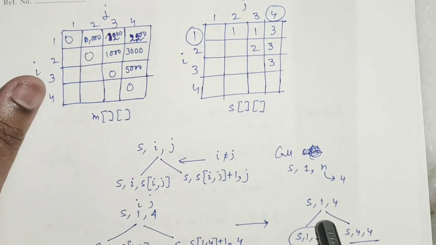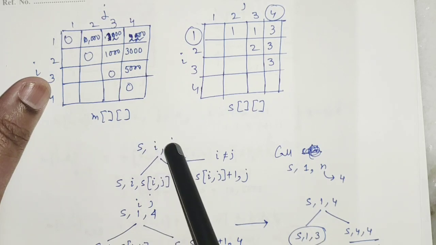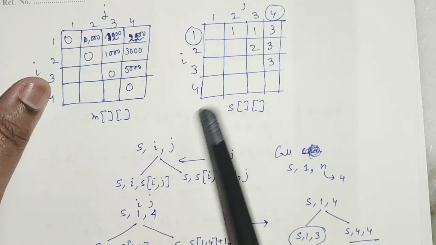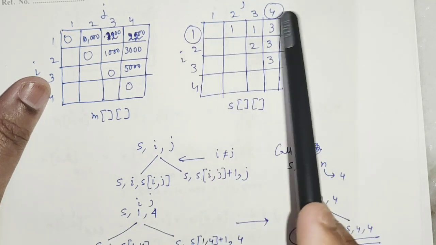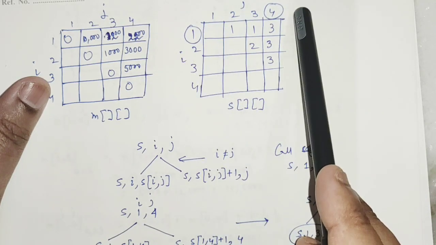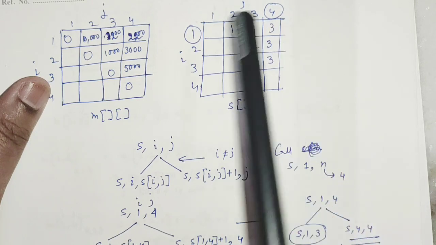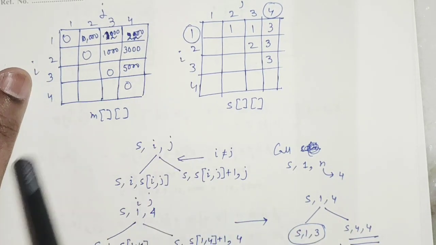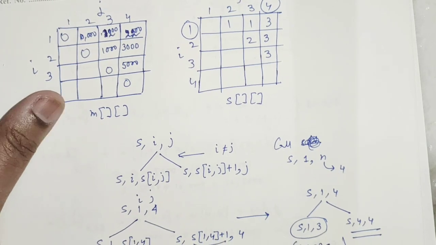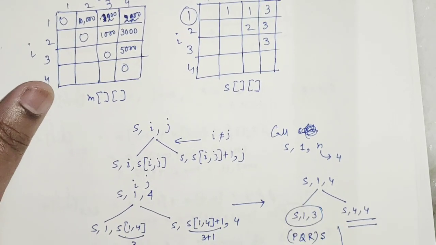So I told you, first of all you have to call i equals 1 and j should be the total number of matrices. That's why 1,4 here. If there were 5 matrices in the chain, that would be 1,5 here, and m of 1,5 would be the optimum value. So we start from S of 1,4.